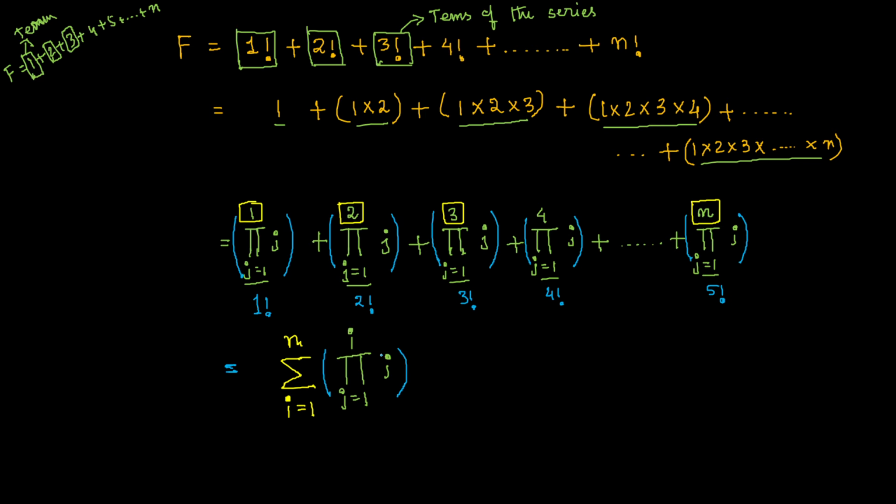Now if this type of series comes, for some value of n, if I ask you what will be the value of this series presented in this way, how will you calculate this? You will first calculate for I equal to 1 the value of pi, then you will add it with the next pi result for I equal to 2, again it will be added with the next pi result for I equal to 3, and so on till n.